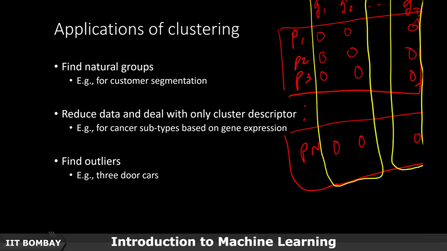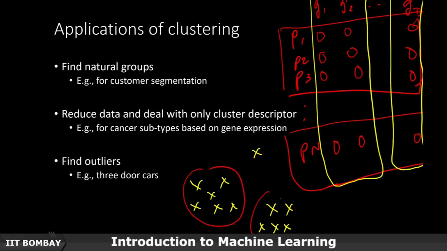Another example of an application would be to find outliers. So if you have different samples that look alike and another set of samples that look alike, and then you have another sample that is not like any of these, then if we do the clustering we may find that this is one cluster, this is another cluster, and this is either a small cluster or an outlier on its own, an outlier as far as most of the data is concerned.